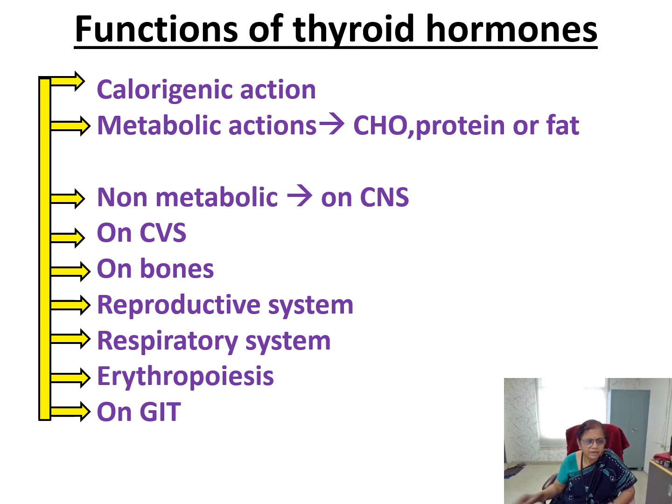Another major action is on the CVS, the cardiovascular system. Next, its action is dominant on the bones, mainly the epiphyseal region, and other systems, including development of reproductive organs and their function, and the respiratory system.